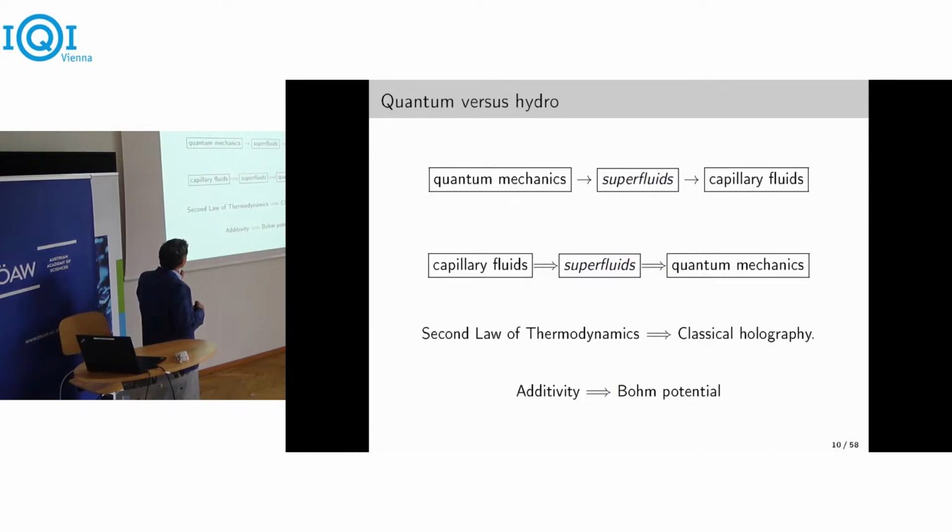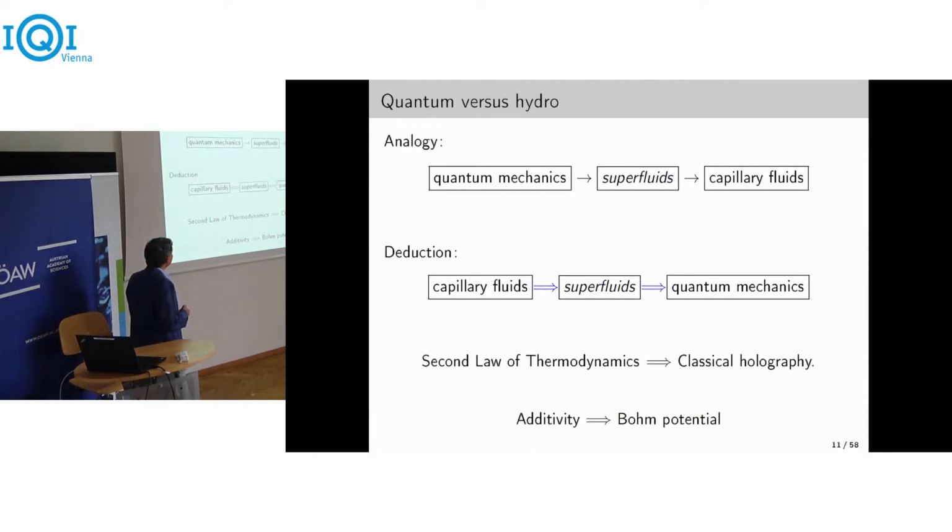My argument is the following: if we start from the opposite direction, from capillary fluids, then we can clearly distinguish the conditions to get superfluids, and from superfluids to arrive at some quantum mechanics. This is an analogy, but this is a kind of deduction, with clear conditions.